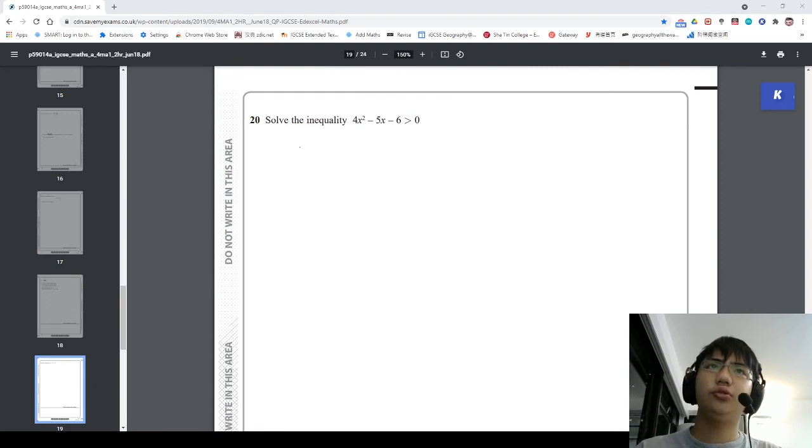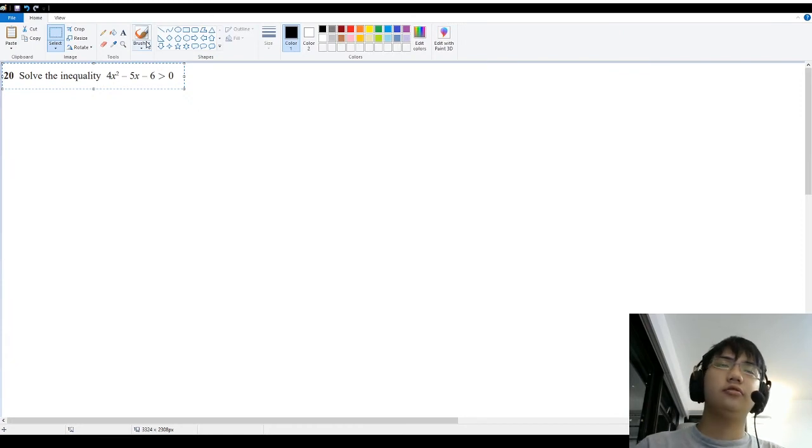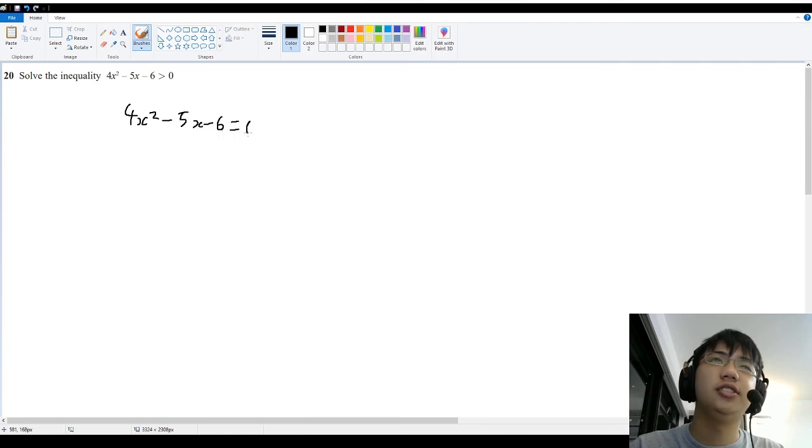Moving on to question 20, we need to solve the inequality 4x squared minus 5x minus 6 is greater than 0. So first, we need to solve the equation 4x squared minus 5x minus 6 equals 0.